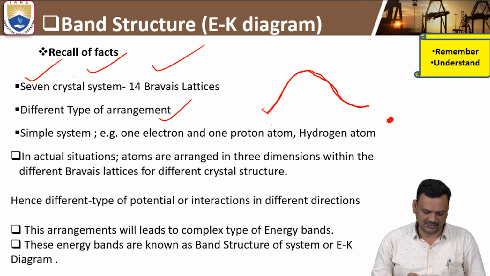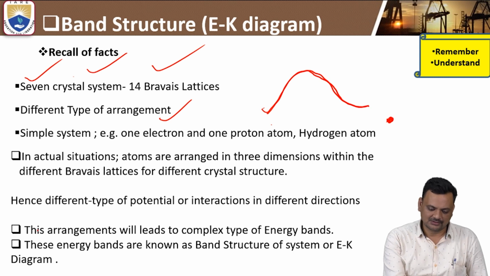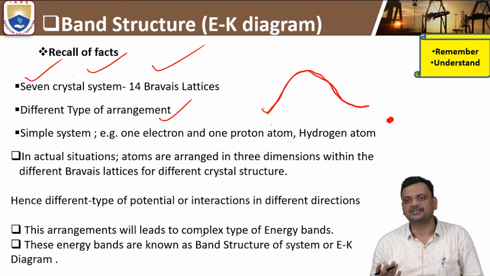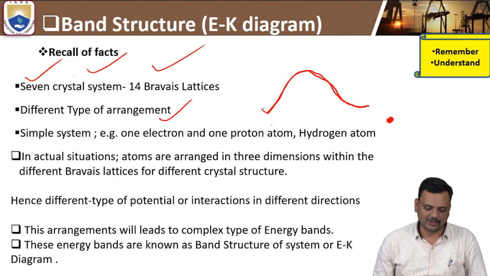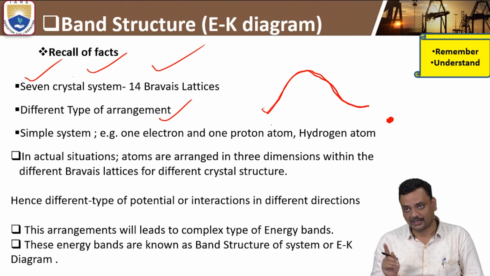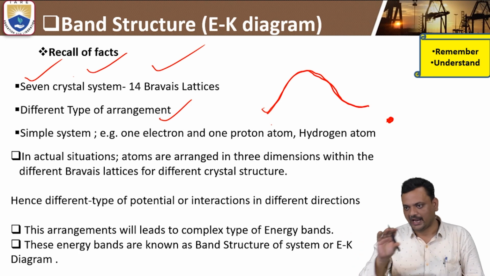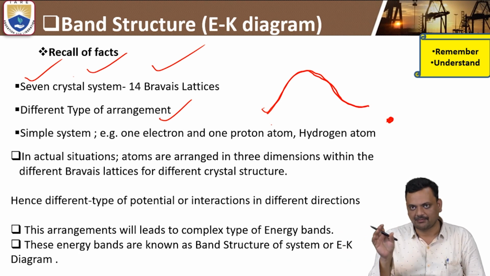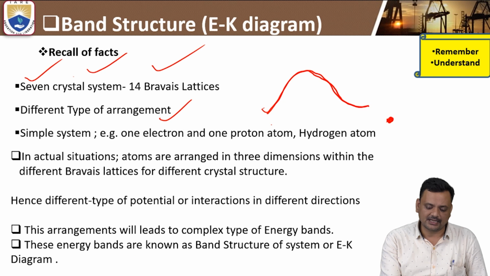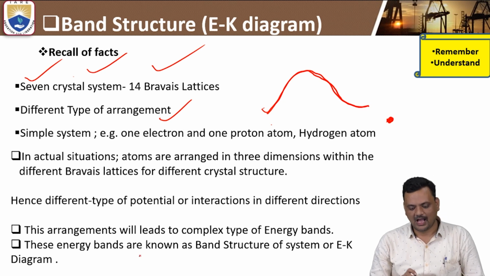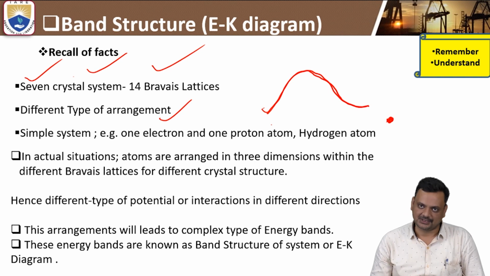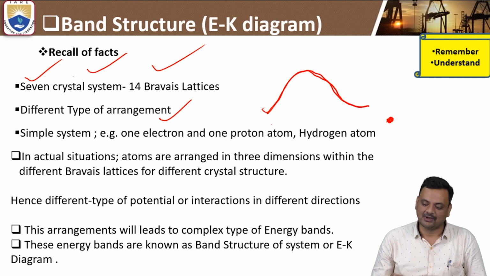Okay, so that thing is written here. This arrangement will lead to complex types of energy bands, not flat energy bands. These energy bands are known as the band structure of that solid, or the EK diagram.